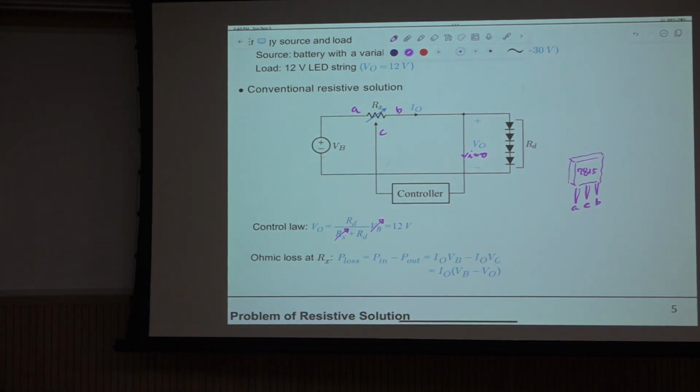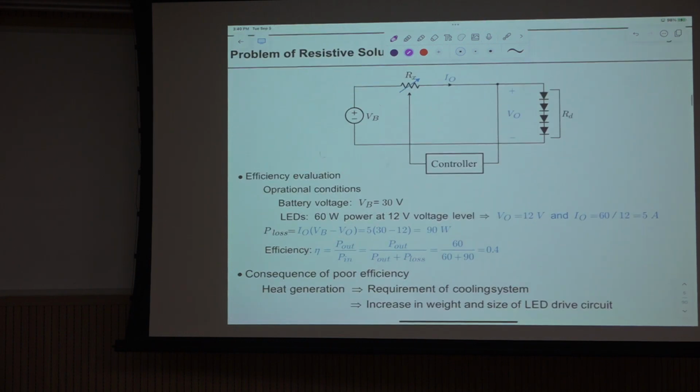Let me take one example of the problems of this resistive solution. Assume this is a diagram of the previous resistive solution in operation, and you are trying to evaluate the efficiency of this system.